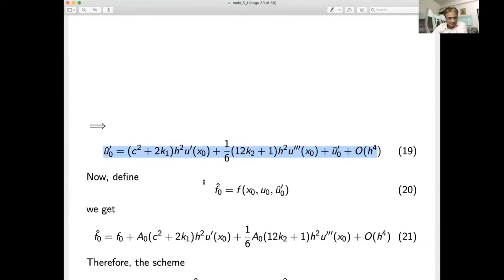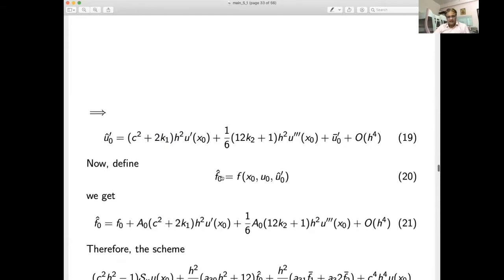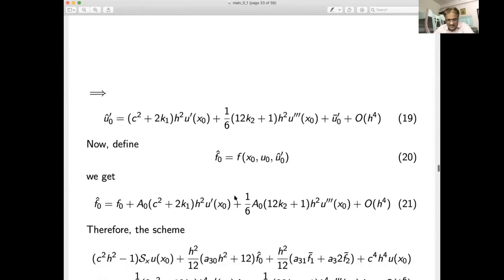So with this updated derivative, I have defined a new functional that I have denoted by f naught cap, equal to f of x0, already known to us, u naught already known to us, and u naught cap, what I have calculated in equation 19. Again, because u cap prime involves this whole expression, you have to expand it by series expansion.